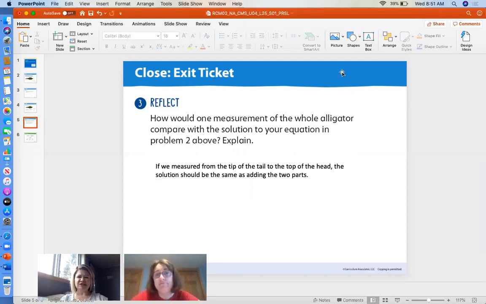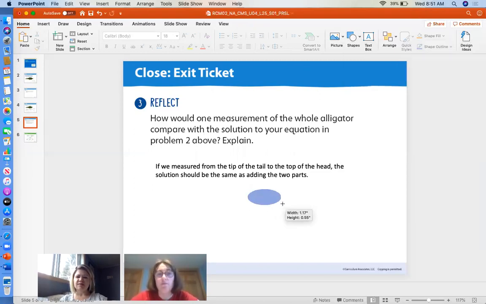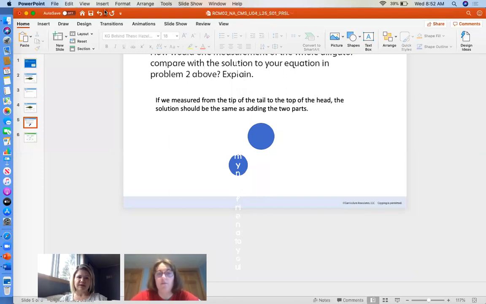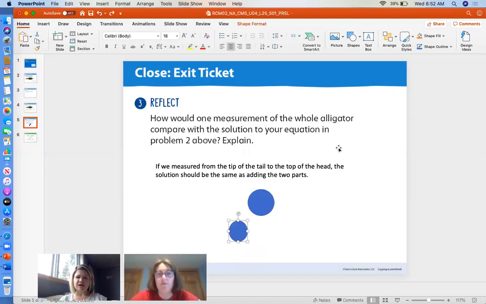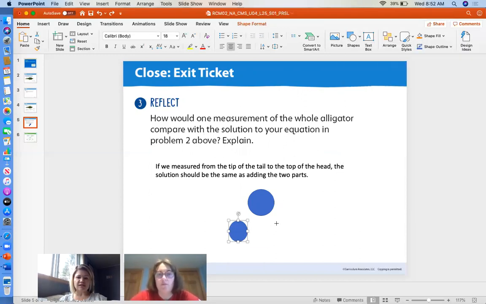And we can think about it too, friends, as a number bond. If you think about the whole alligator being the whole at the top, and the two parts, so this part is the tail, and the other part is the body, then you add those two parts together, you know that it'll equal the whole, right?